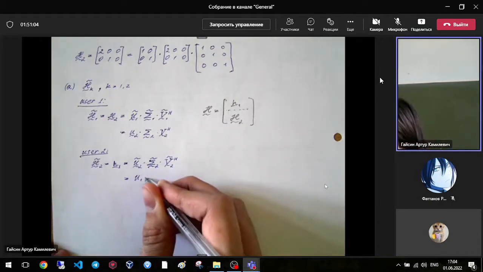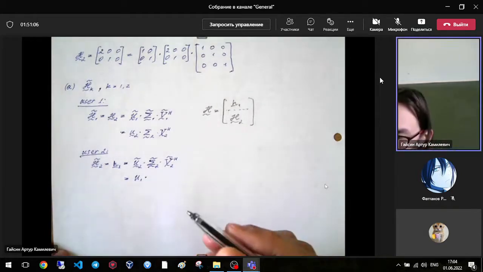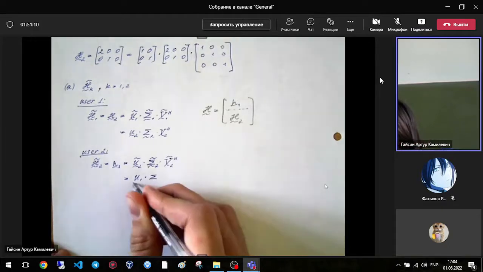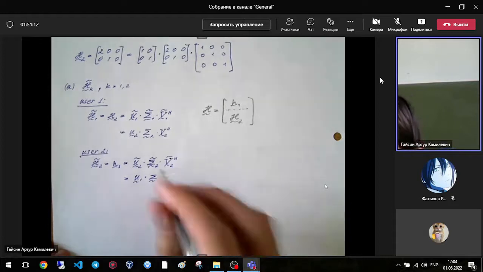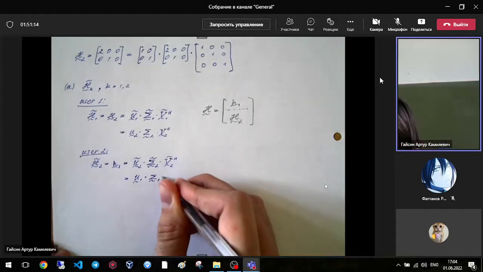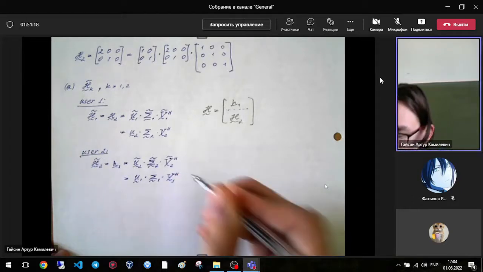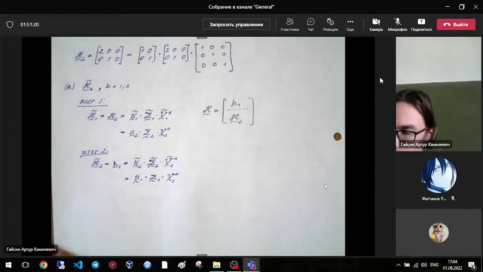So U1 times our sigma, or maybe let's use matrix notation, to keep the same style.